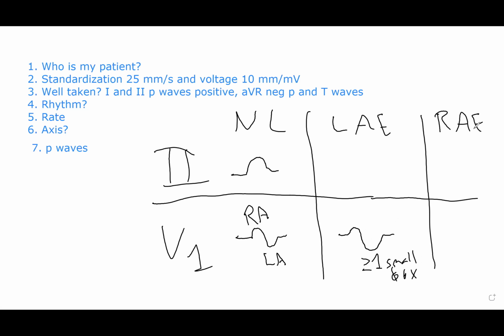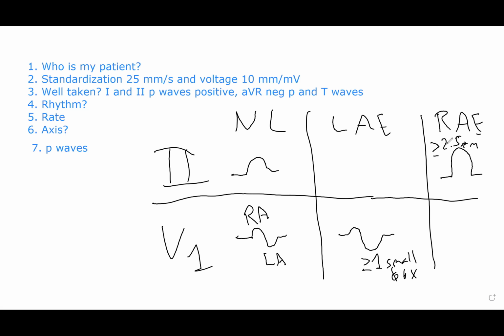For right atrial enlargement, also called P pulmonale, you're going to see a very tall P wave in lead 2. By very tall, I mean greater than or equal to 2.5 millimeters, so 0.25 millivolts.